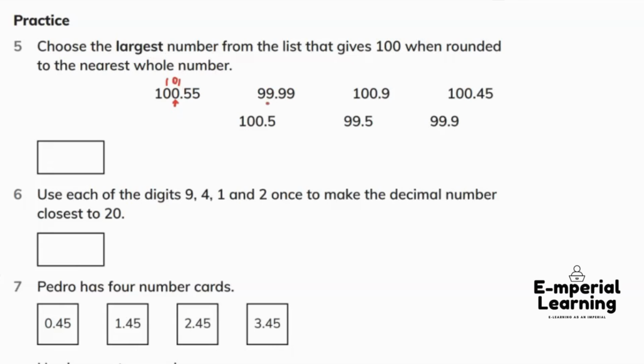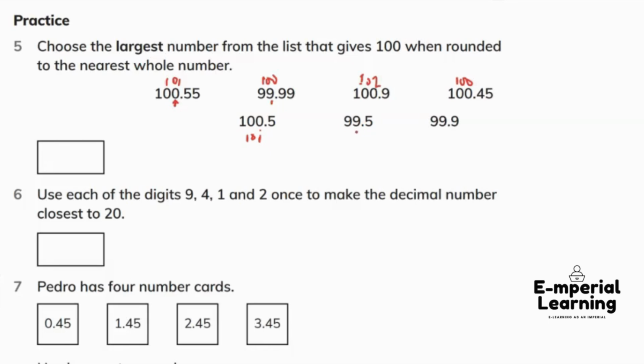When we round this one, considering 5, we get 100. When we round this, we get a 101, right? When we round this, we get a 100. When we round 100.5 to the nearest whole number, the number next to the 0 is 5, we get a 101.